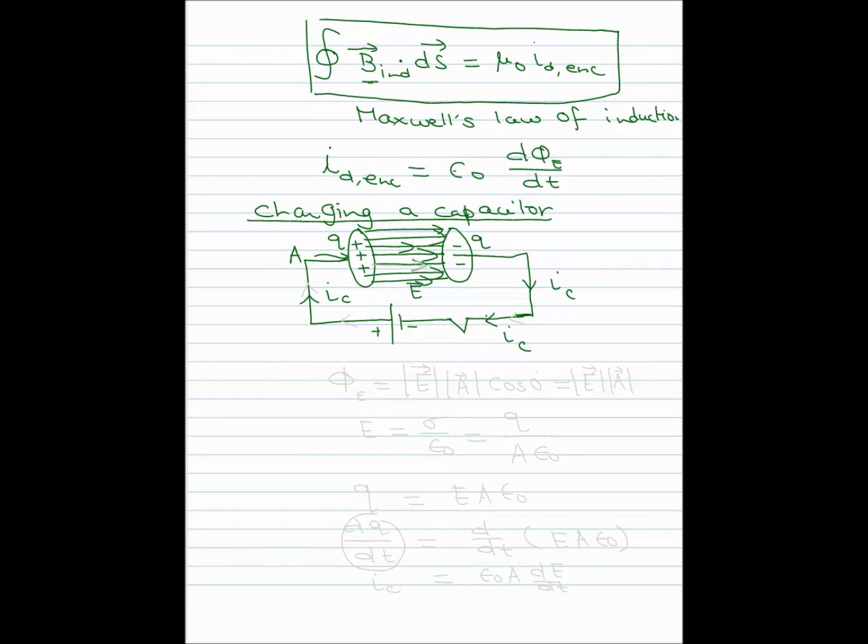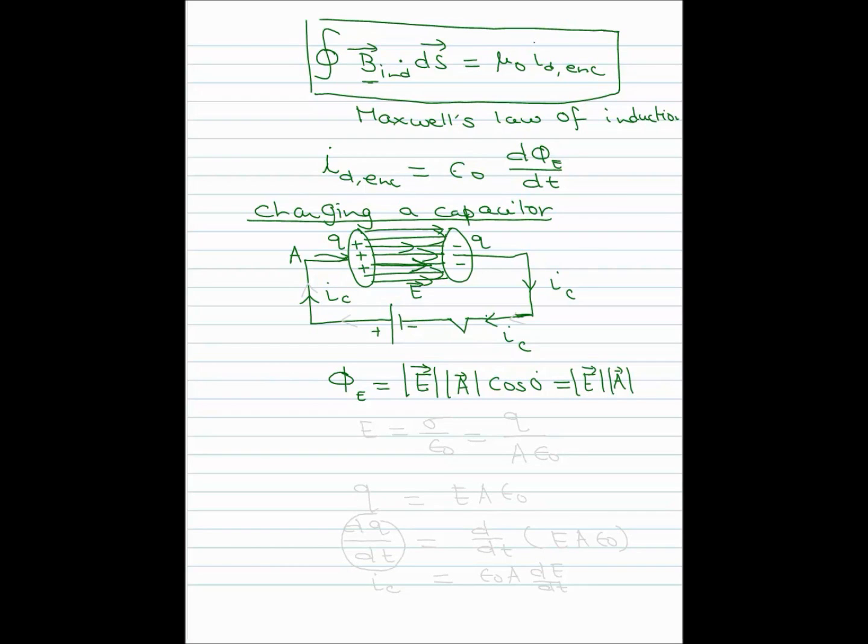So in this case, the electric field and the area vector both point in the same direction. And so when we are talking about the electric flux Φ_E, the electric field is also constant at any given time. It's just going to have the magnitude E times A, because the cosine of the angle between the two is 0. So cosine 0 is 1, and this is nothing but E times A.